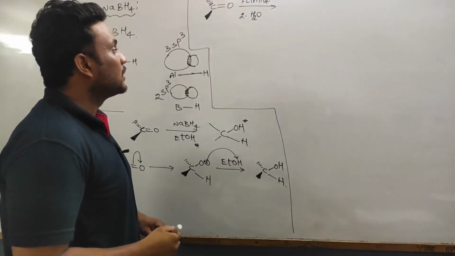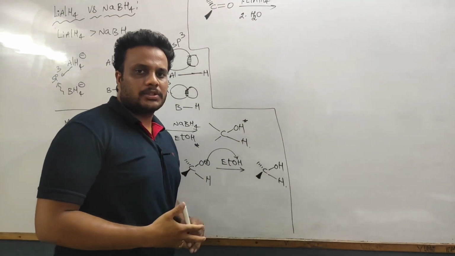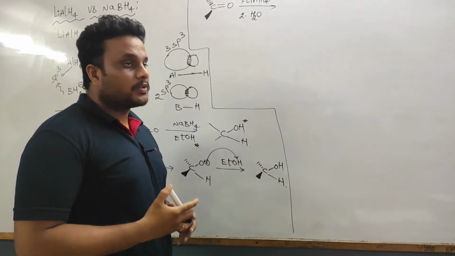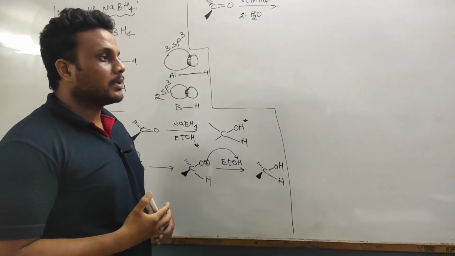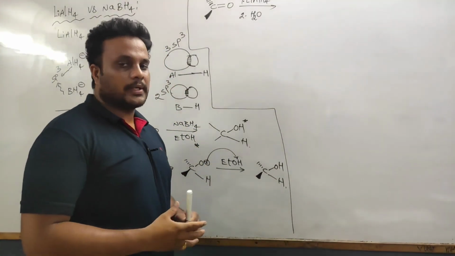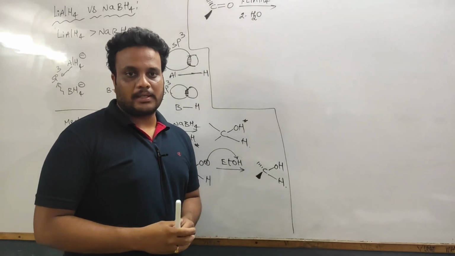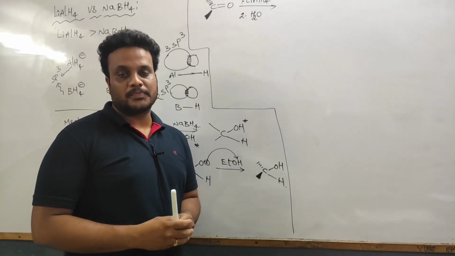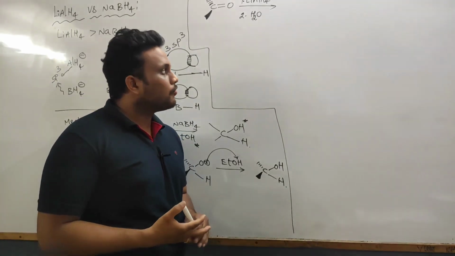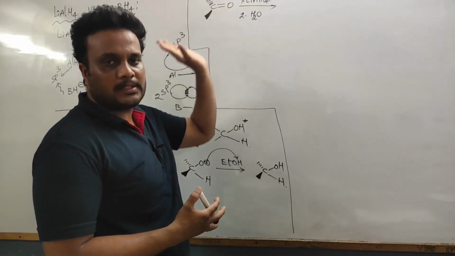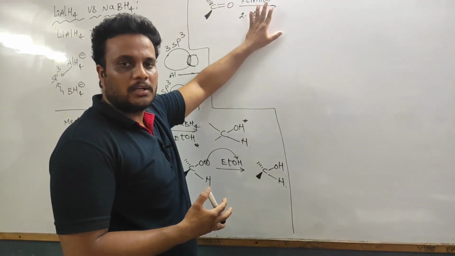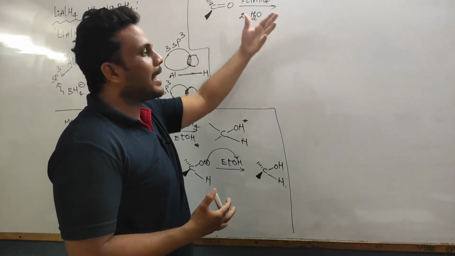What does it mean? Actually, lithium aluminium hydride is very highly reactive. It reacts explosively with solvents like water, ethanol, etc. So that is why lithium aluminium hydride is taken with an inert solvent like THF, tetrahydrofuran, or any anhydrous ether. First this reaction takes place, and after completion of the reaction with lithium aluminium hydride, next we add water.